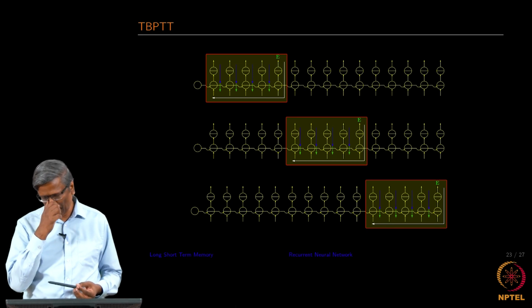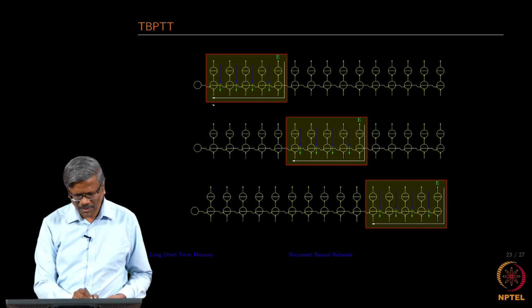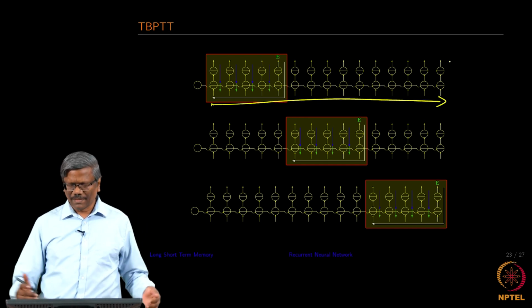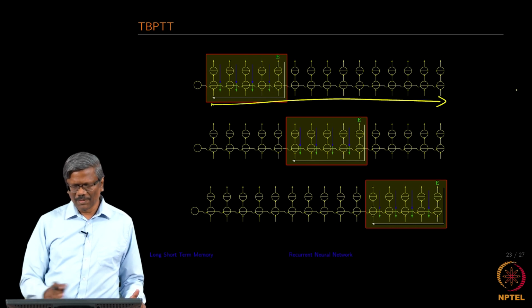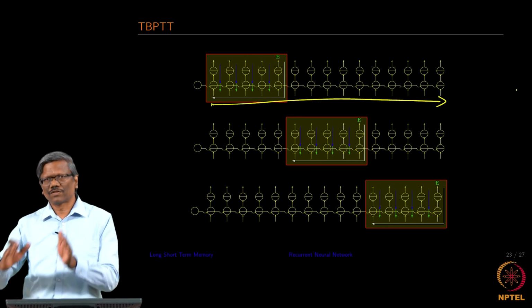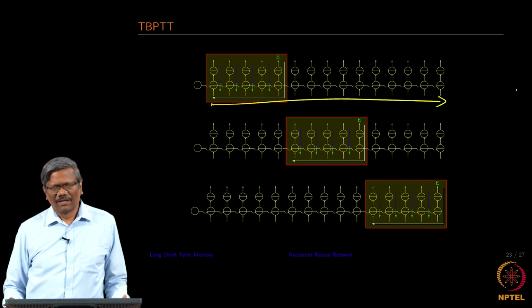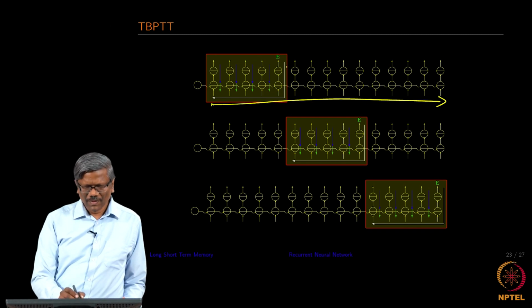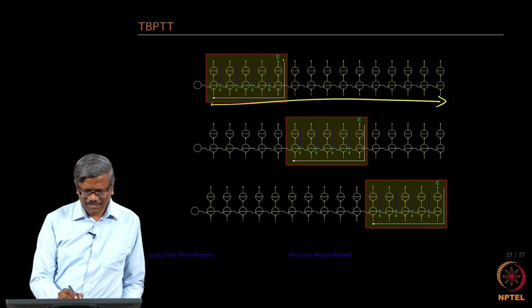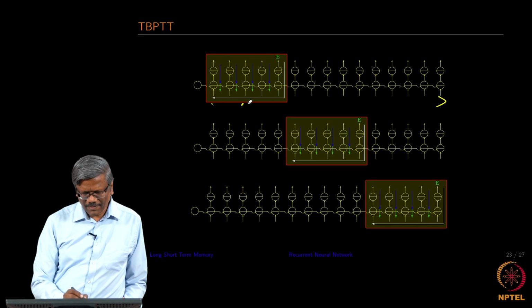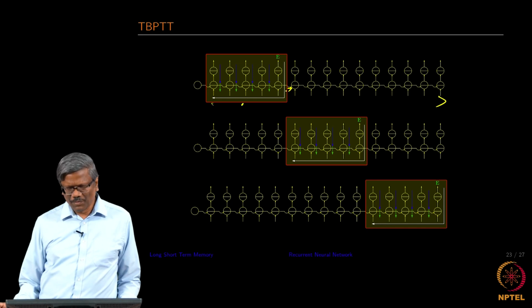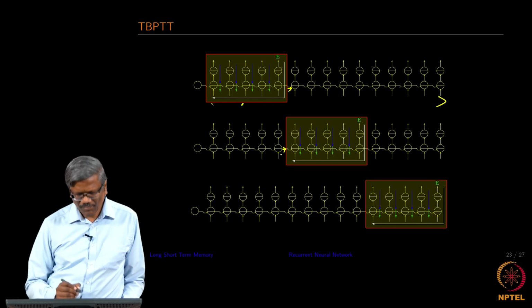All right. So, this is how it looks. For example, this is my sequence that I want to compute. I have a long sentence. So, instead of doing the back propagation or forward pass to all the states and then do the back propagation, I take a small chunk, do the error calculation, do the back propagation within this chunk initially, and then once it is computed, feed the value back to the next chunk here as the input.